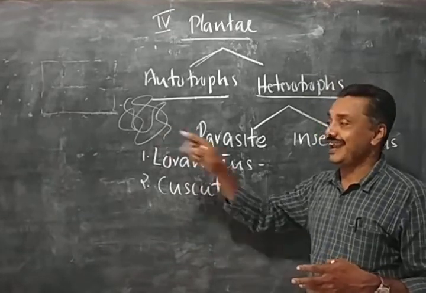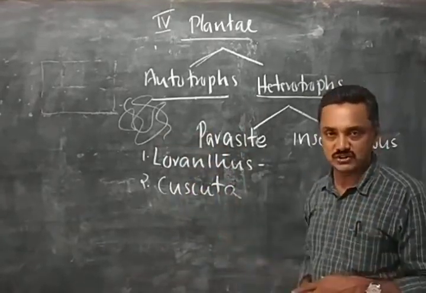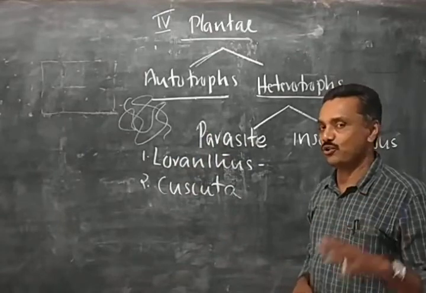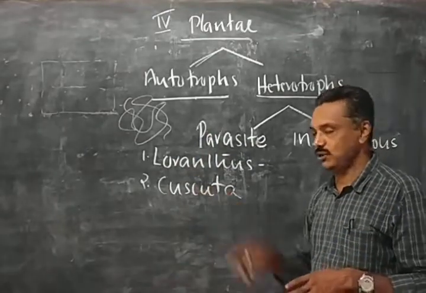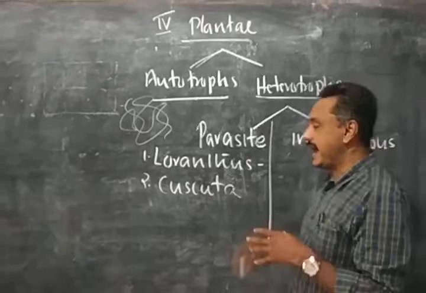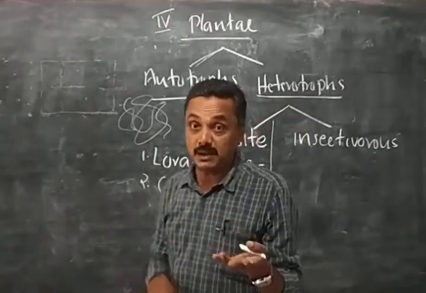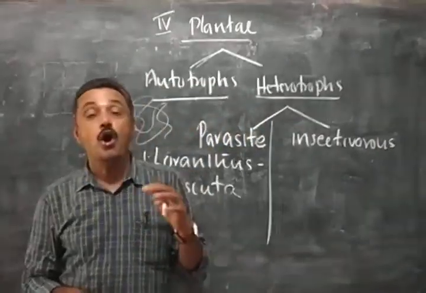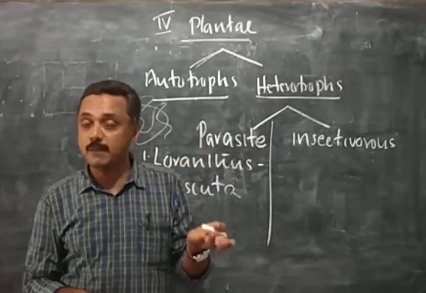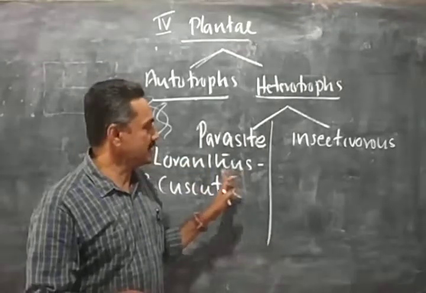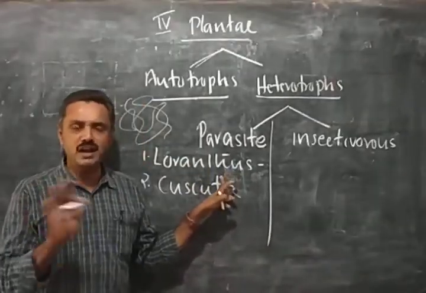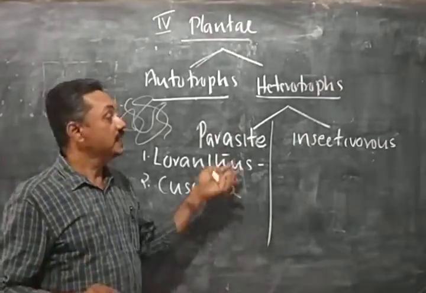Cuscuta is a yellow hair-like structure growing on bushes. These plants are called parasites, growing on other plants and absorbing water and nutrients from them. And Loranthus is a green plant. It absorbs not food, it absorbs water and nutrients.